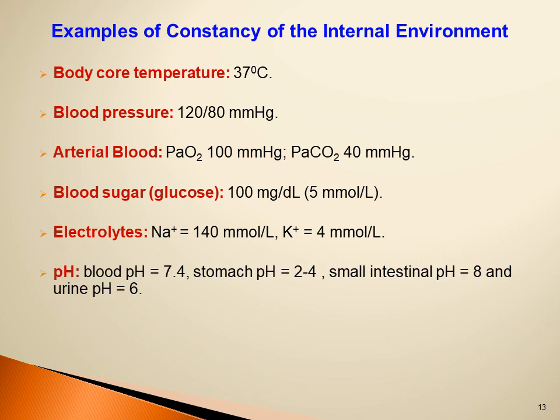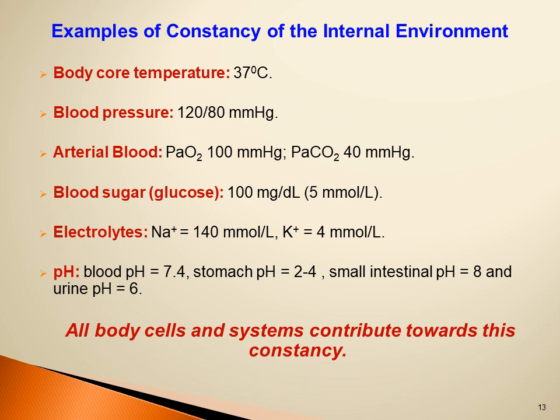and also to keep the pH in different parts of the body at their normal range. For blood, for example, around 7.4, in the stomach between 2 and 4, and 8 in the small intestine, and around 8 in the urine.